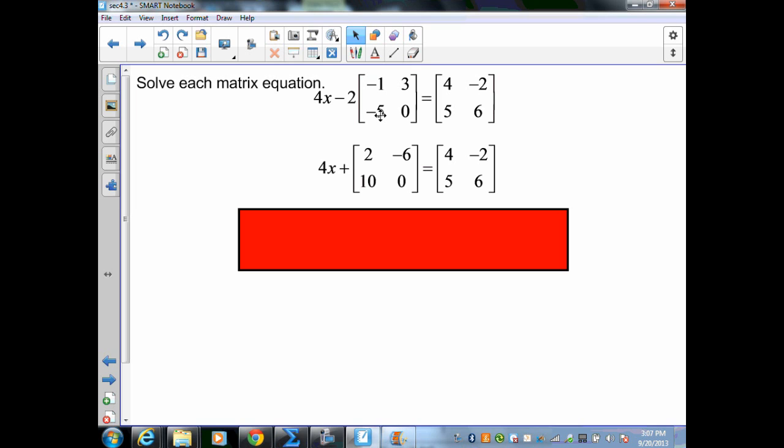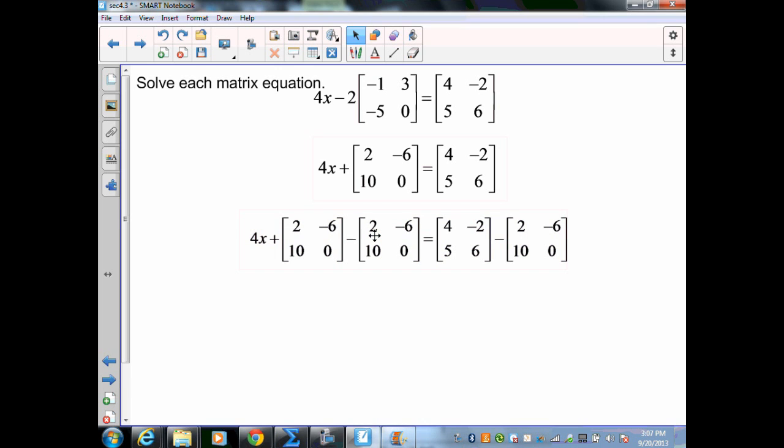Our next procedure is to eliminate this matrix. So that means, since this is added to my variable term, I need to subtract this on both sides. And when I do, it looks like this. Over here, these two matrices will cancel each other out into a 0, and that will just leave me with a 4x.